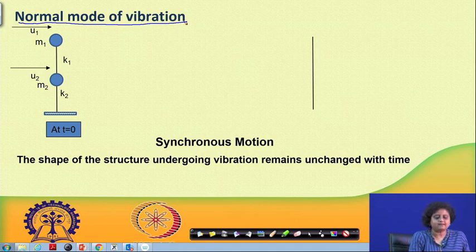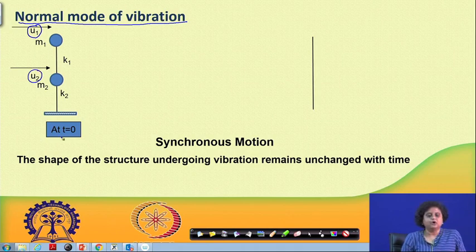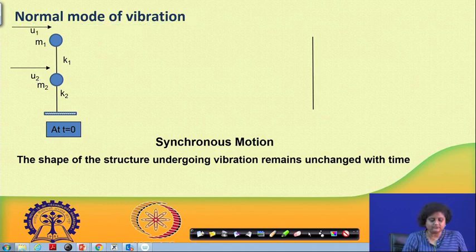I have a 2 degree of freedom system with masses m1 and m2 and the degrees of freedom are u1 and u2. At t equals 0, they are at an equilibrium position, which is given by this figure.